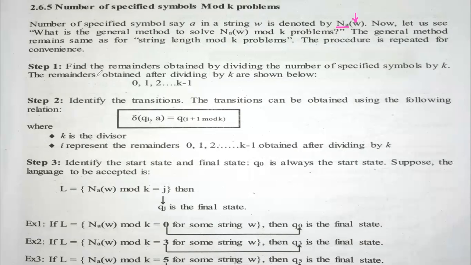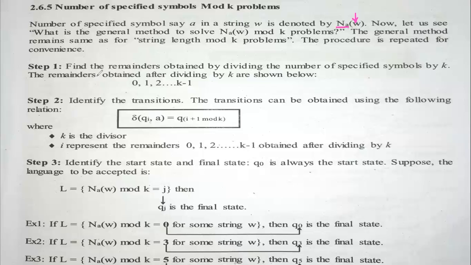Apart from this, we won't get any remainder. If you divide 1000 by 3, you may get 0, 1, or 2. If you divide 10,000, the same variety of remainders you are going to get. So when you decide the K value, we can easily identify the remainders. Clear? And what is the use of finding these remainders? Because we need to decide the number of states.